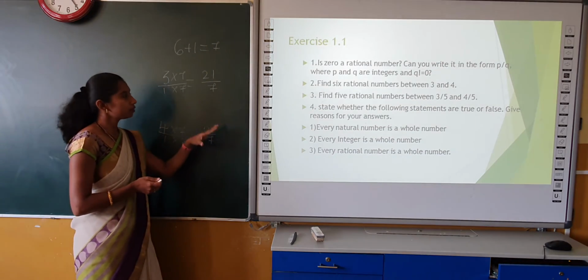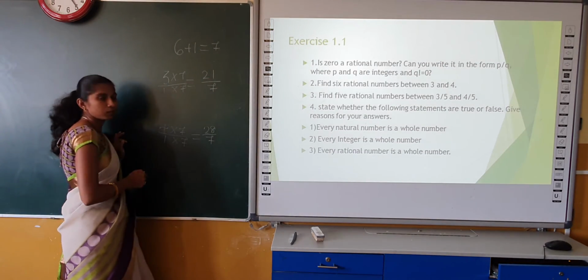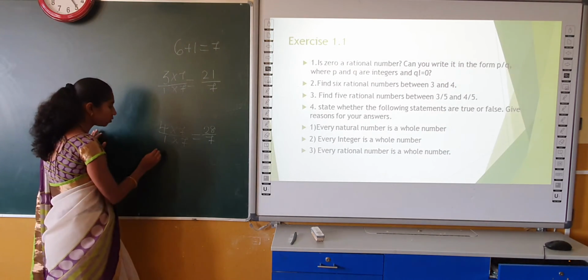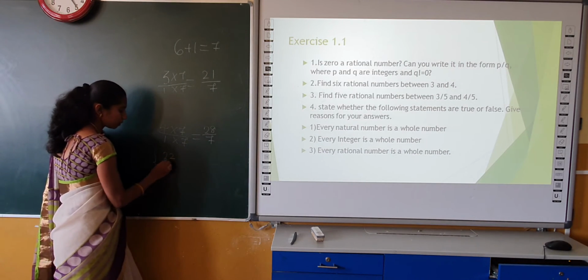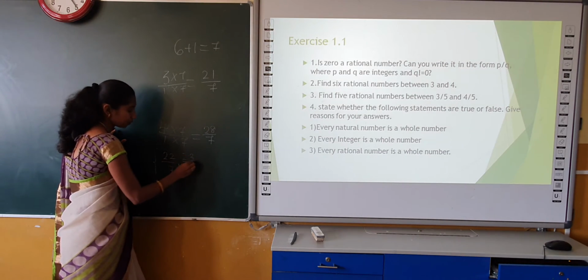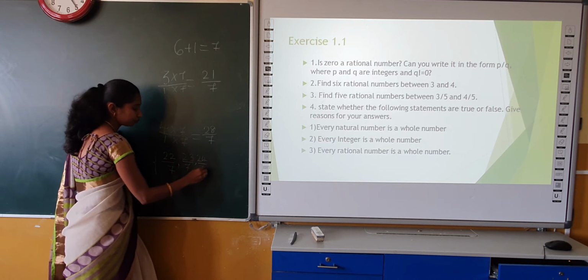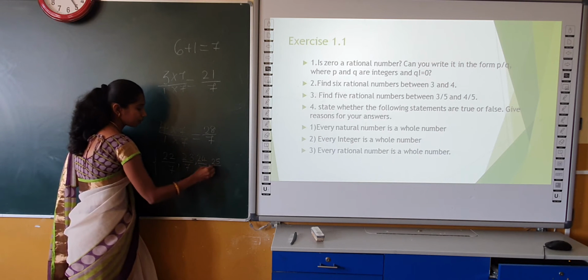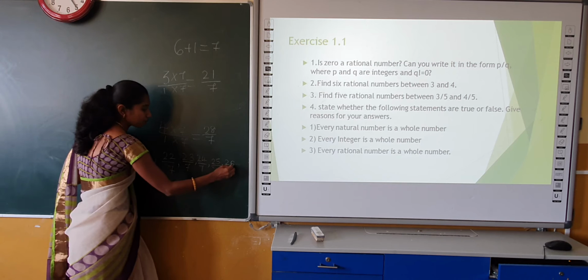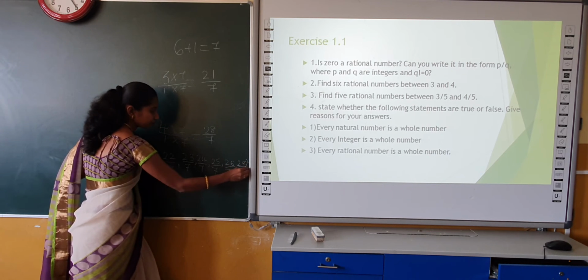Now you can write the numbers between these two. After 21 by 7, what is the next number? Yes, of course, it is 22 by 7. Next it is 23 by 7. After that, 24 by 7, 25 by 7, 26 by 7, 27 by 7.